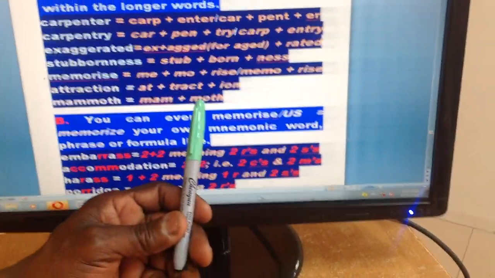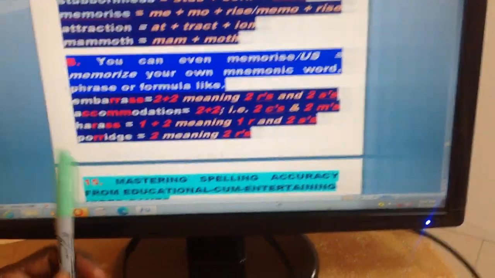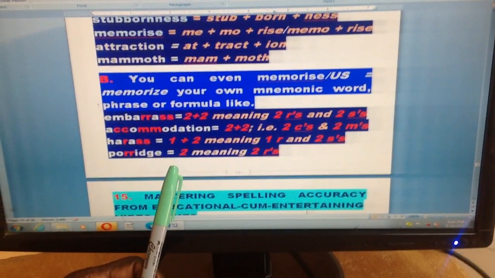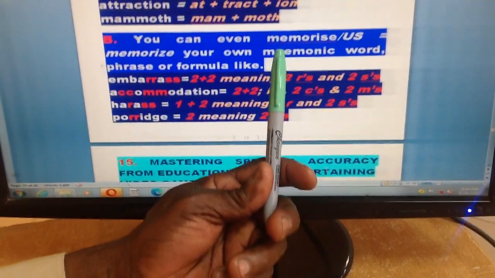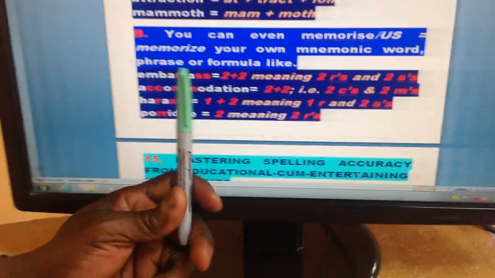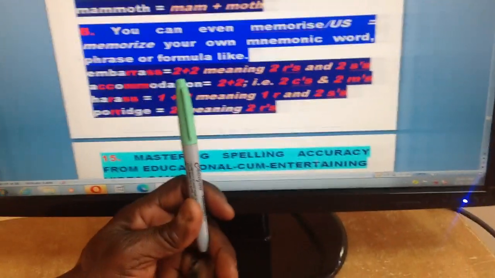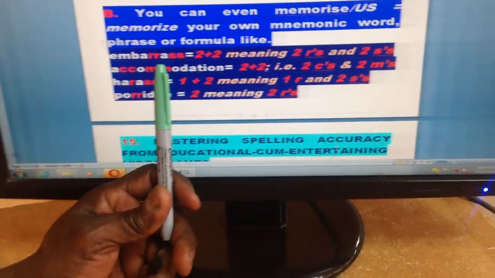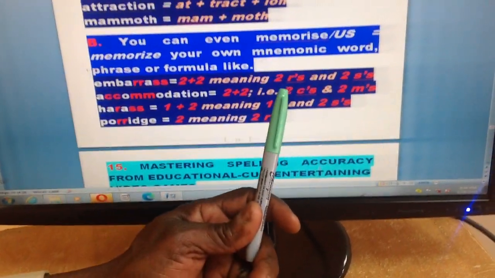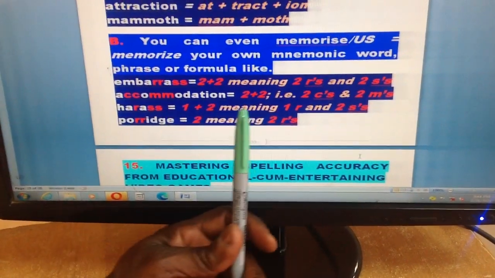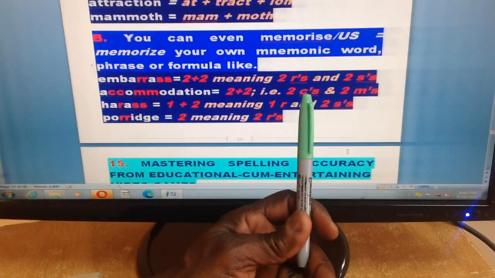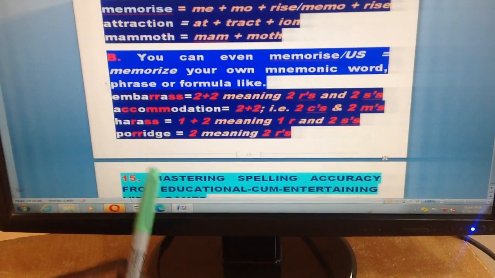Another way of remembering the spelling of longer words is to create your own mnemonic word, phrase, or formula. The formula 2 plus 2 in embarrass would mean I have 2 R's and 2 S's. Accommodation, 2 plus 2, 2 C's and 2 M's.